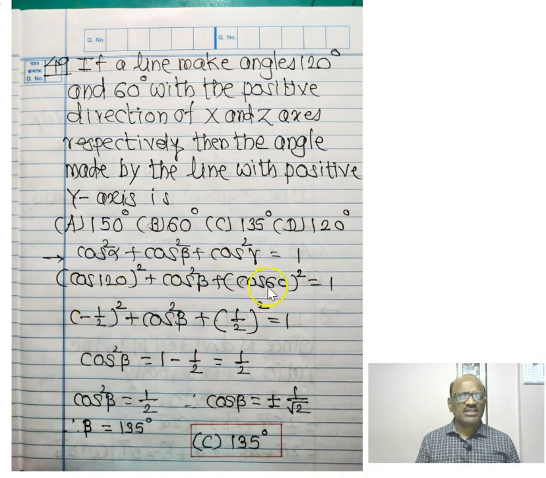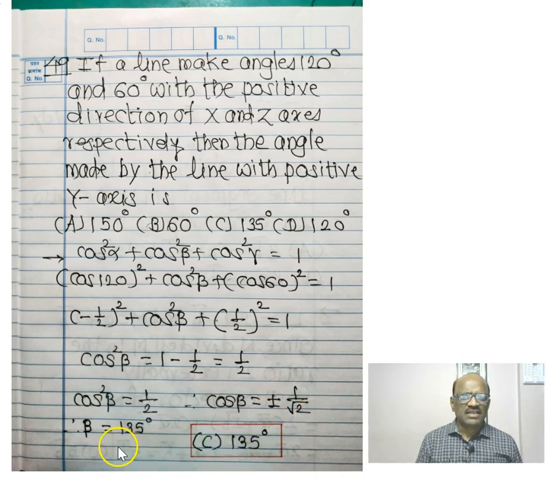Plus cos square beta, and cos of 60 is 1 upon 2 in bracket squared. That is, cos square beta plus 1 by 4 plus 1 by 4, that is 1 upon 2, equals 1, so cos square beta is 1 minus 1 upon 2, which equals 1 upon 2. Take the square root. Therefore cos of beta equals plus or minus 1 upon root 2. Therefore, what is its angle?